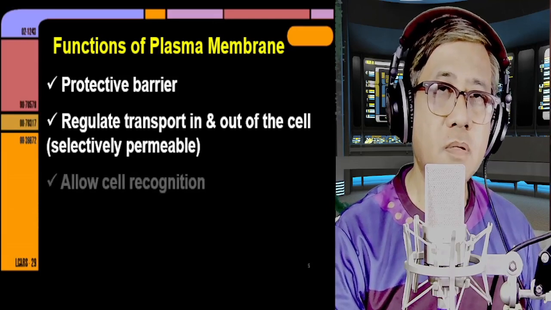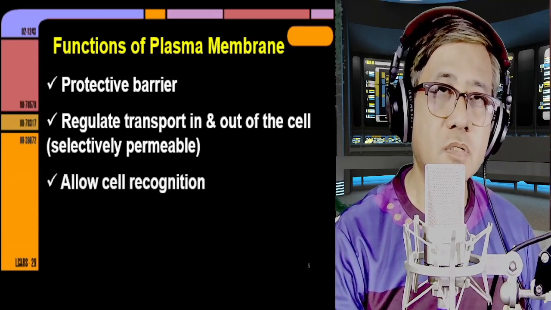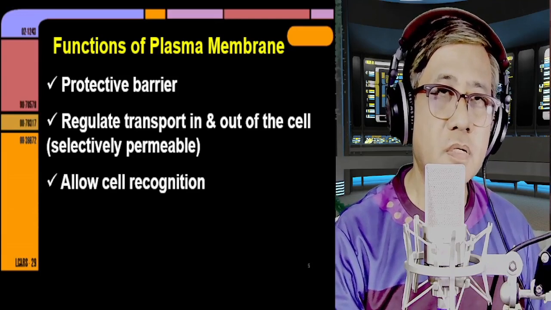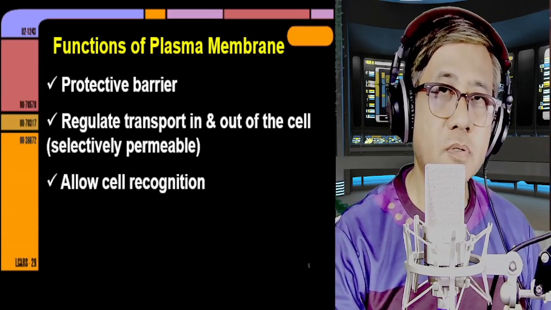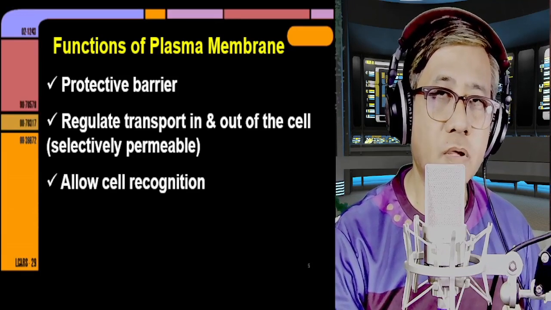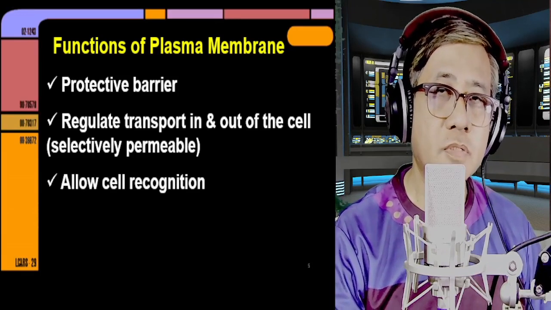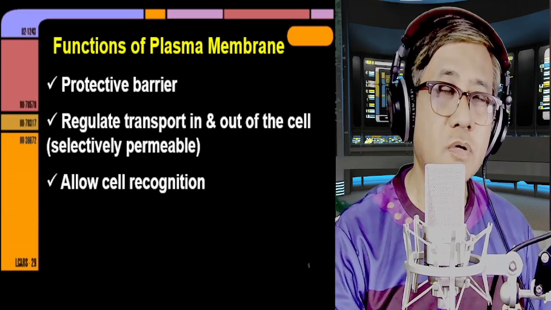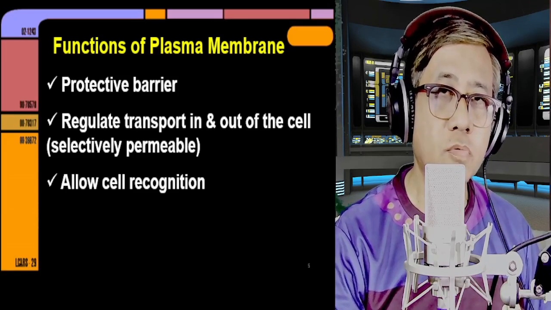Alright, so the cell membrane also allows cell-to-cell recognition. What does that mean? The cell membrane being a barrier helps protect the contents of the cell from the outside environment, and also cell recognition is a way for the body to communicate.